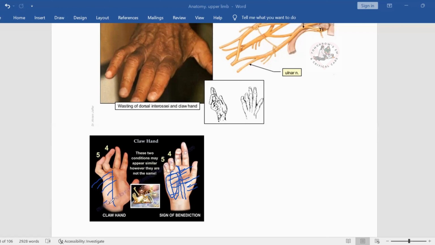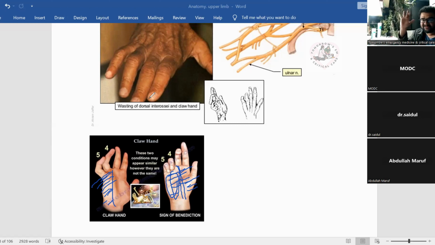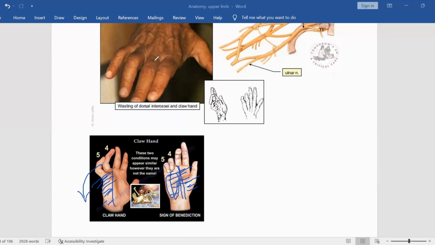When you ask the patient to make a fist, he will be unable to make a fist, just like this, because the extensor group of muscles will pull. The extensors pull and hold the fingers, so he cannot flex and make a fist. So this one is called the ulnar variety of claw hand.